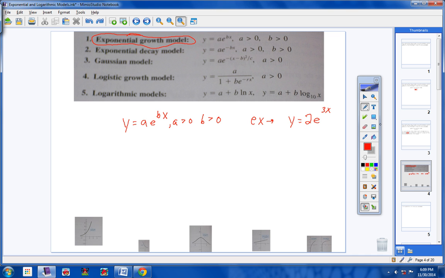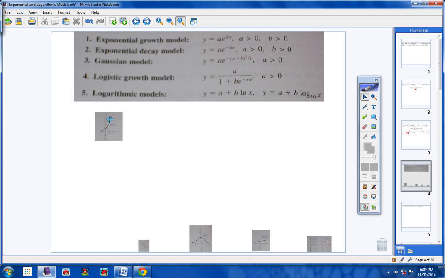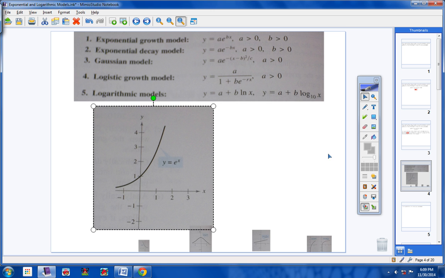Now, very quickly, I want to show you what the graph looks like, and you'll see it there in your book. Here's an exponential growth model, and it makes sense, guys. Notice how it's growing as you go further to the right. The graph is getting higher and higher, and that's always what an exponential growth model will look like when you graph it.